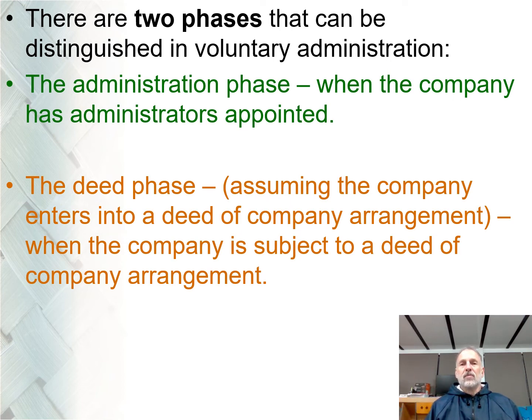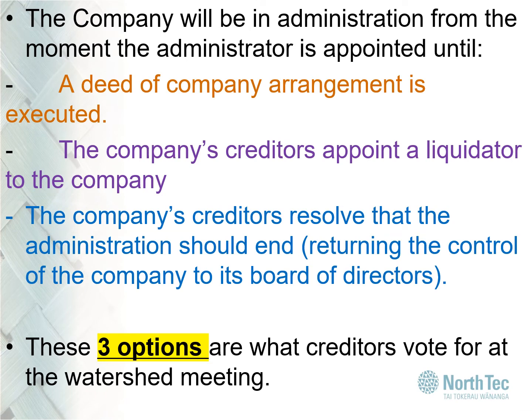Very easy. The company will be in administration, in other words, the first phase, from the moment the administrator is appointed until, first, a deed of company arrangement is executed. In other words, that's one of the options that can happen. The second option that can happen is the company's creditors can appoint a liquidator to the company.